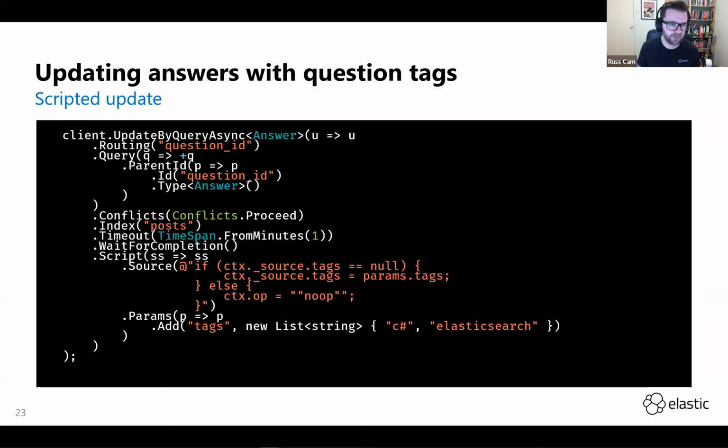If an answer already has tags, then just ignore it. But if it doesn't have any tags on the document, then update it to include these tags. And we can run that across all of the answer documents.